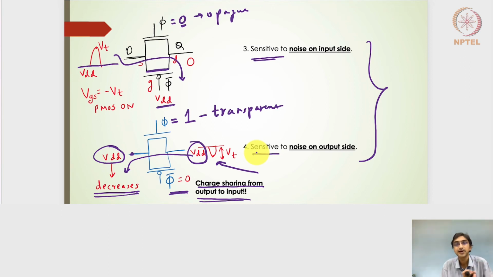And then the second disadvantage, which is still there in the transmission gate while we are using it as the latch design, is that due to the subthreshold leakage current, the output node is dynamic and remains floating, and there could be a drop in the output voltage due to the subthreshold leakage current.